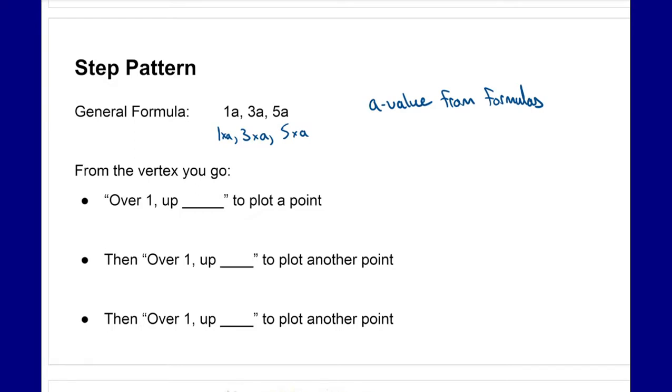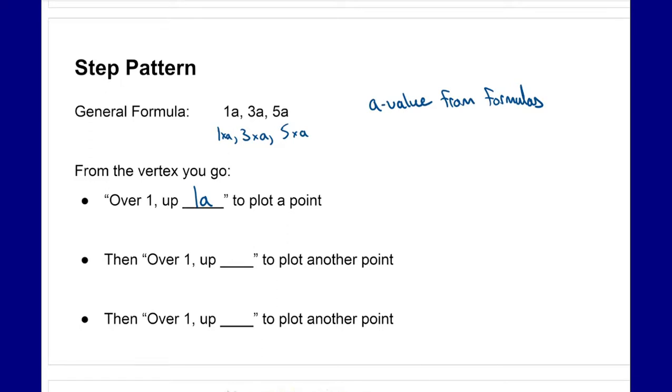These numbers tell us how to plot points of our specific quadratic function from the vertex. If we have the vertex, we go over 1, up 1A, whatever 1 times A is, and we plot a point.